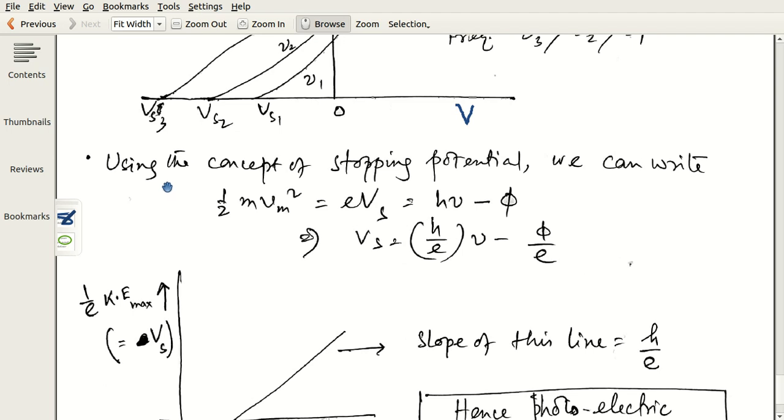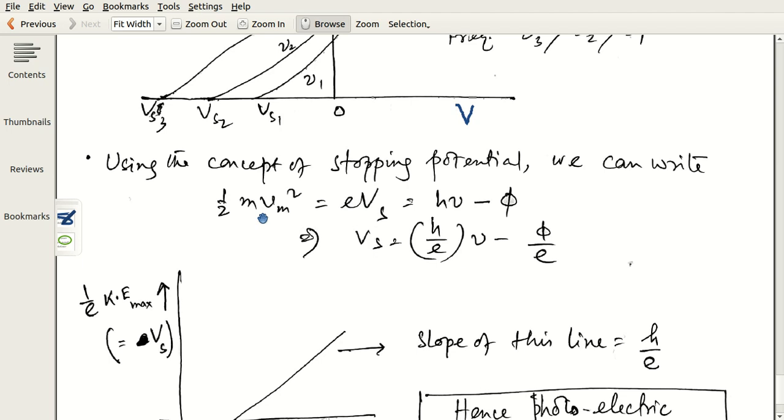And by using the concept of stopping potential, we can see that half mv square will be equal to e into Vs, because this energy stops the electrons. This energy is the same as the kinetic energy.